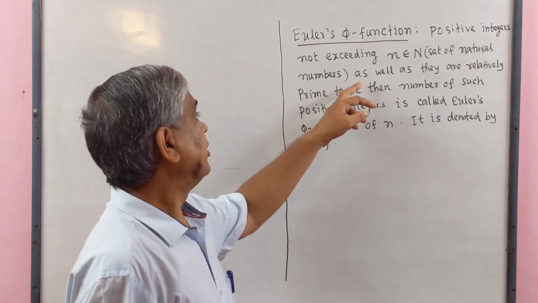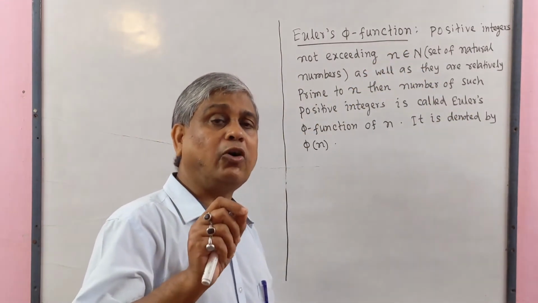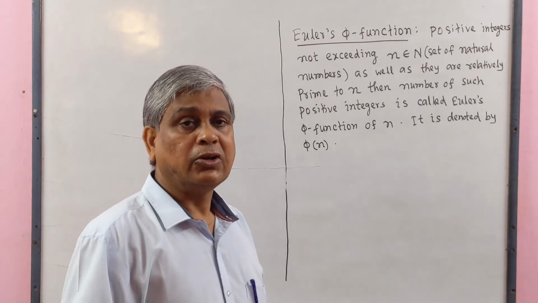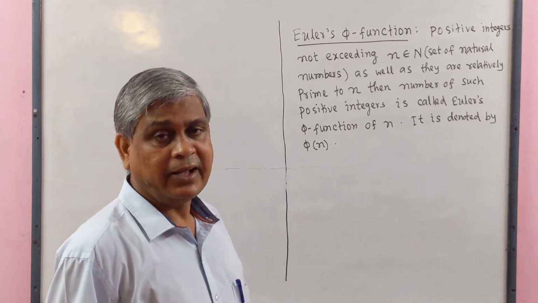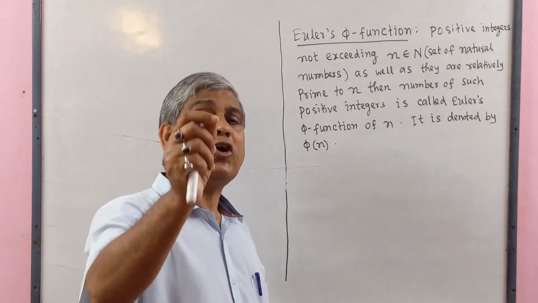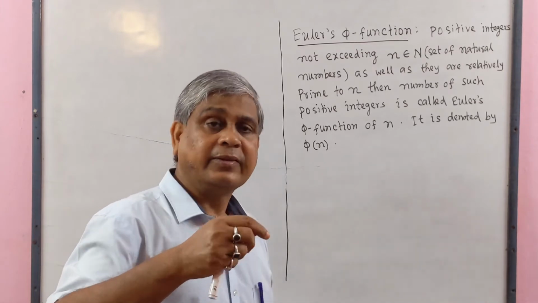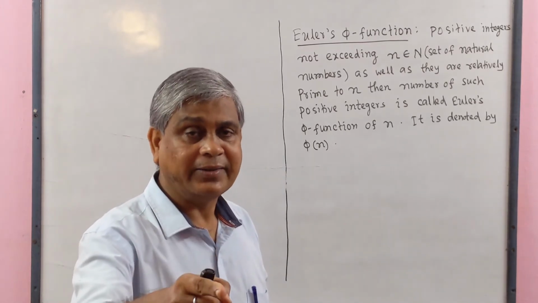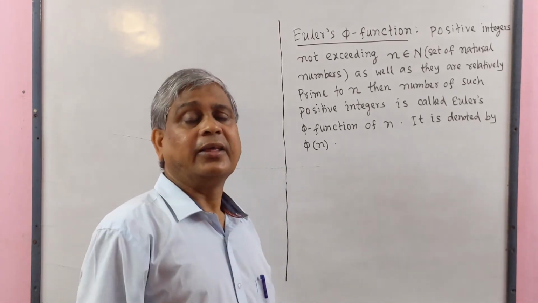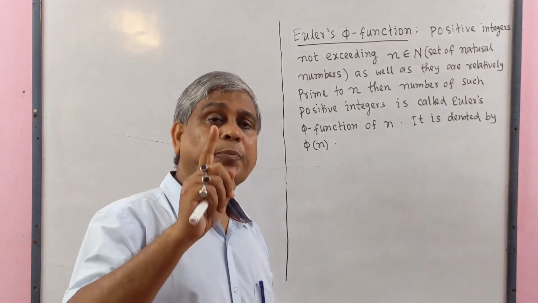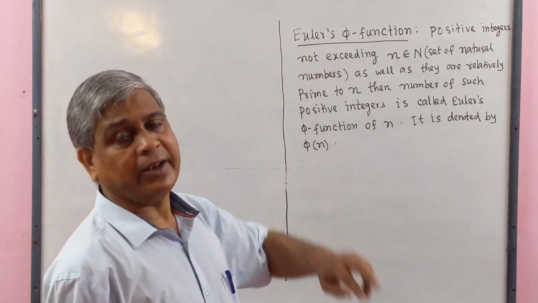Also here given that positive integers not exceeding n means we have to take all those positive integers which are not greater than n, and if some of the positive integers which are less than or equal to n and their GCD with n is 1, that is they are relatively prime to small n, then number of such positive integers is called Euler's phi function of n.